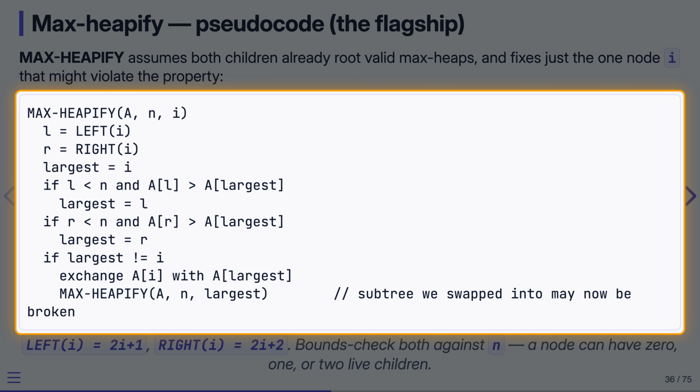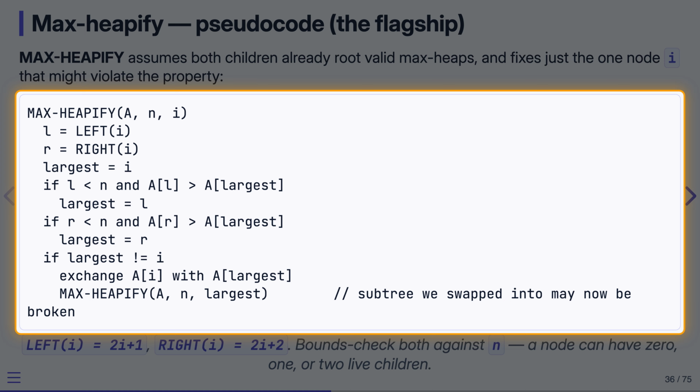This is Max-heapify, the most important routine in the chapter. It assumes both children are already valid max heaps, and it fixes just the one node i that might break the rule. First, we find the left and right child indices. We start by assuming the largest value is at i itself. If the left child is inside the heap and bigger than the current largest, then largest becomes the left child.